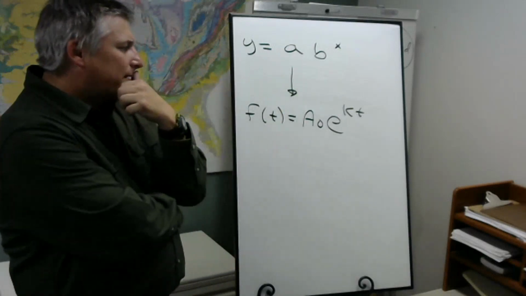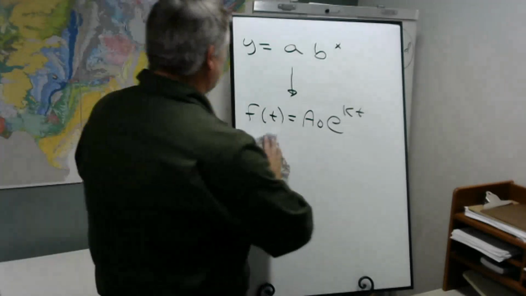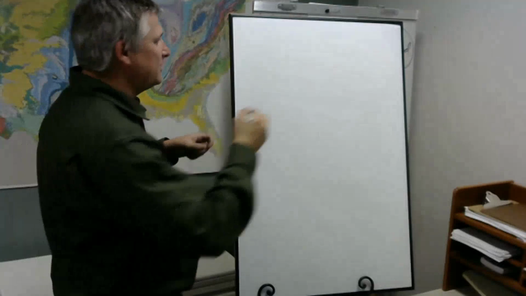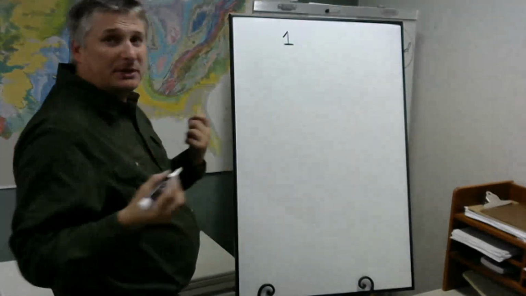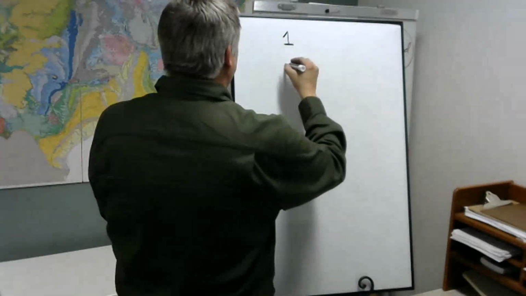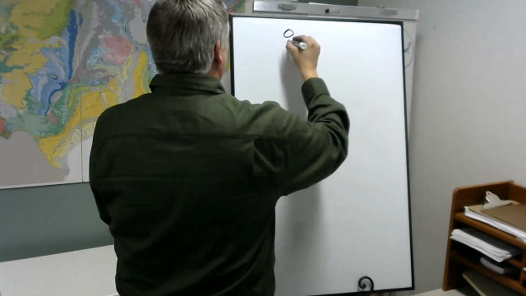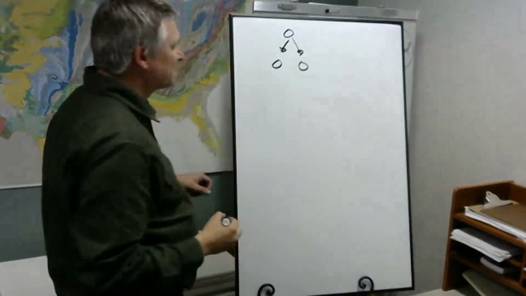Well, one model you could use could be bacteria growth. Let's say you have one bacteria. It splits into two. So now you have two bacteria.